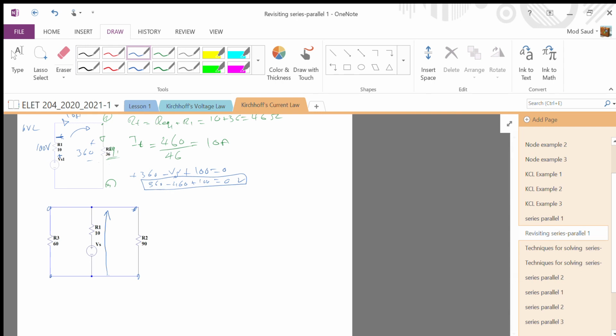What if I add one more resistor here, or one more resistor there?